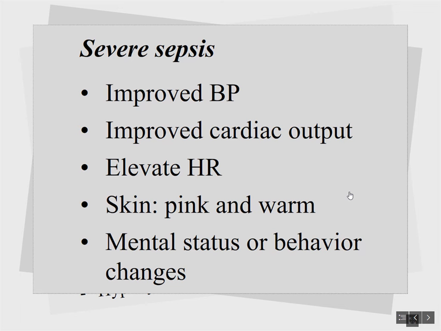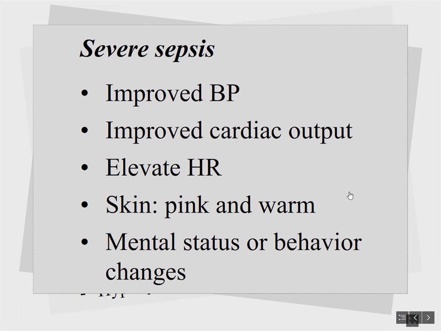Why? The other factors are working. It's all those compensatory mechanisms, right? So we said that the kidneys will stop putting out urine to try to increase the blood pressure, right? It's basically trying to fill up the tank, okay? Trying to put as much volume of fluid in the tank to keep the blood pressure up.